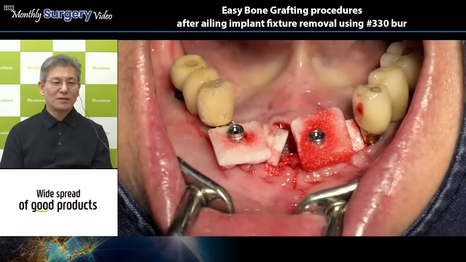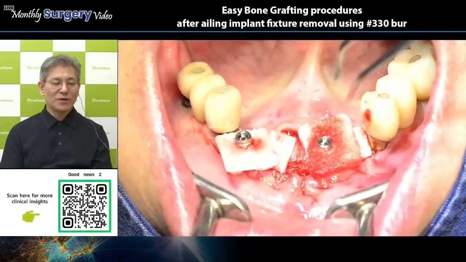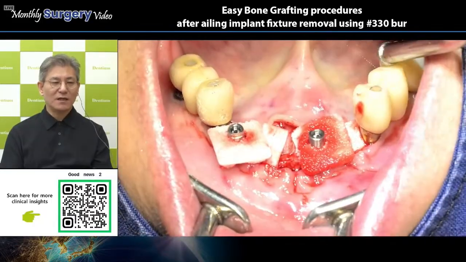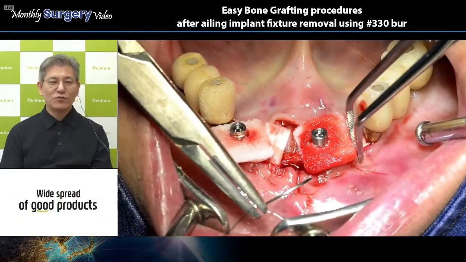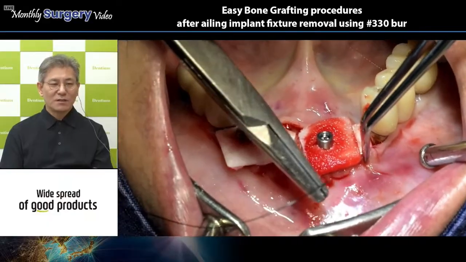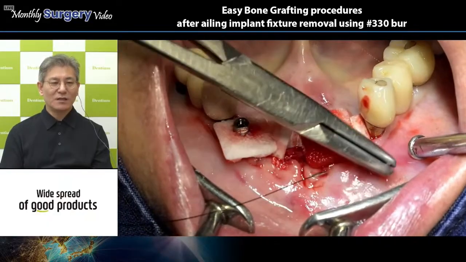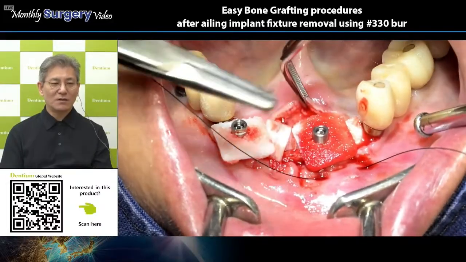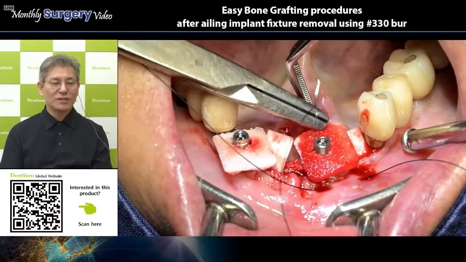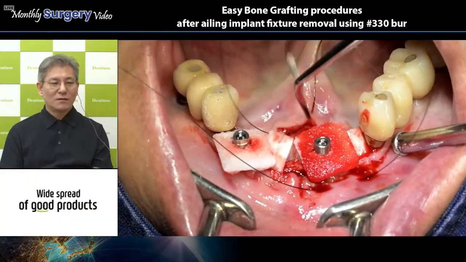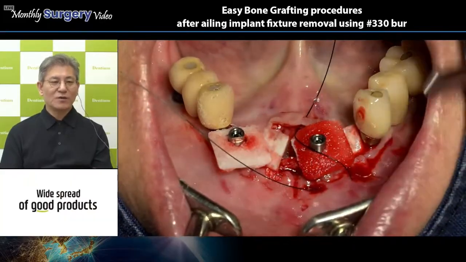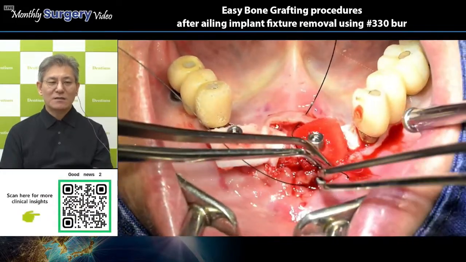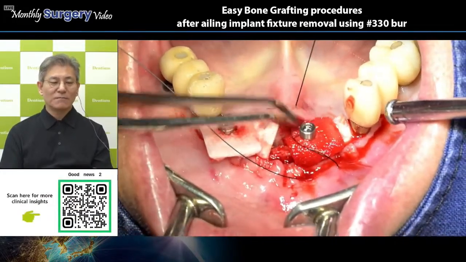He is scoring the periosteum using this curette to make the periosteal releasing, right? So make some room after applying this bone grafting and the collagen graft for a more intimate closure during the suture. Okay, this additional collagen graft works for faster wound healing, right?